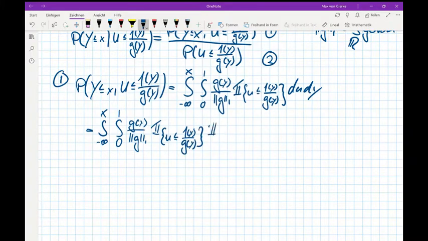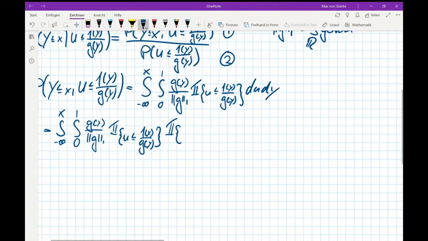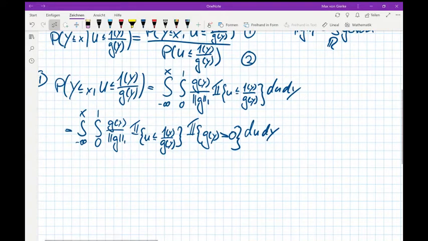And we add another indicator function that is gy is bigger than 0, du dy. Okay, so what have I done here?